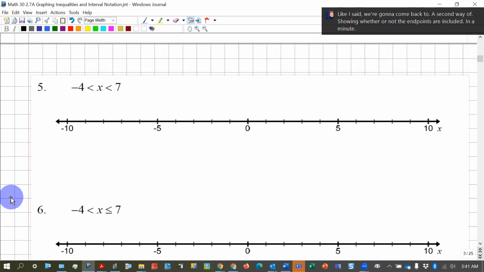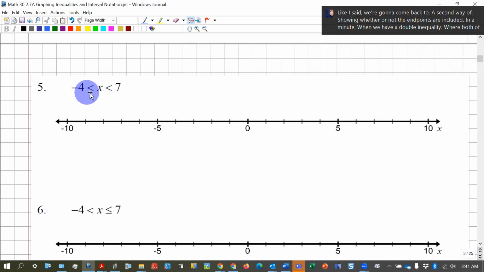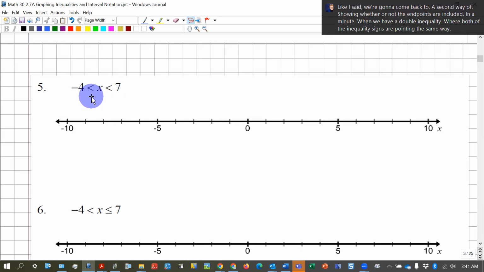When we have a double inequality, where both of the inequality signs are pointing the same way, this is a compound sentence. It literally says that -4 is less than x and x is less than 7.